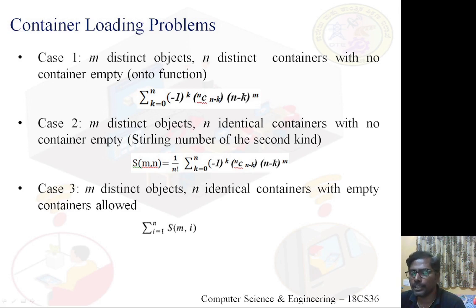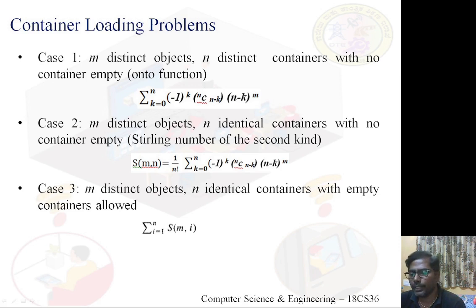First case, I can leave one container empty. The second case, I can leave two containers empty. The third, I can leave three containers empty. In general, I can leave n minus 1 containers empty.